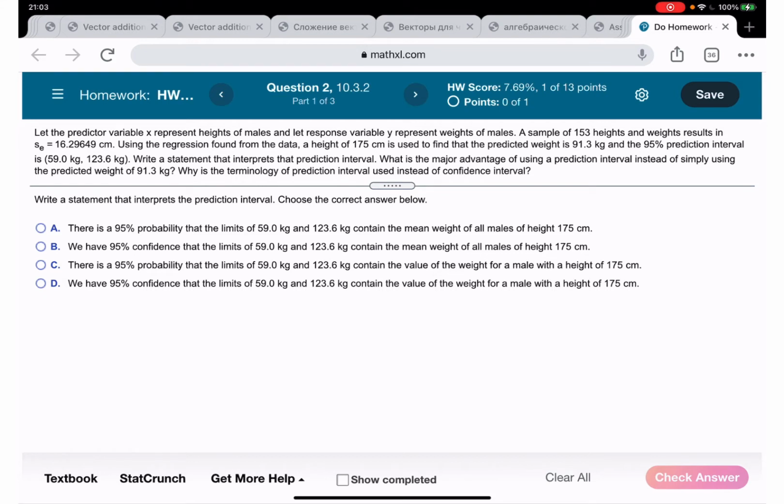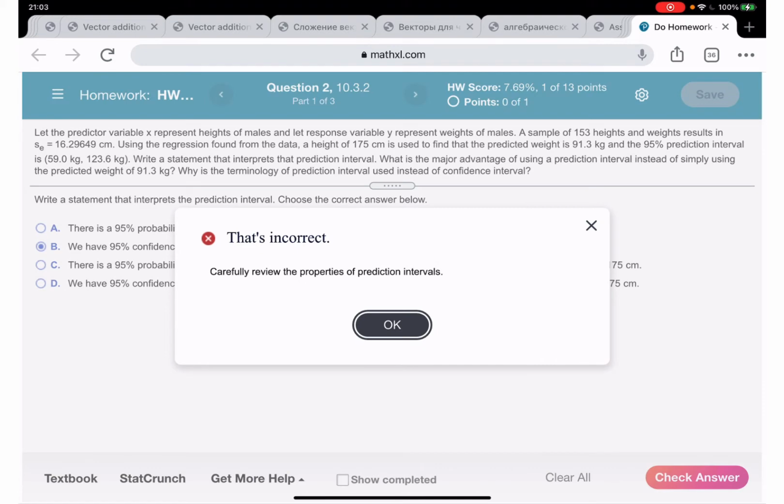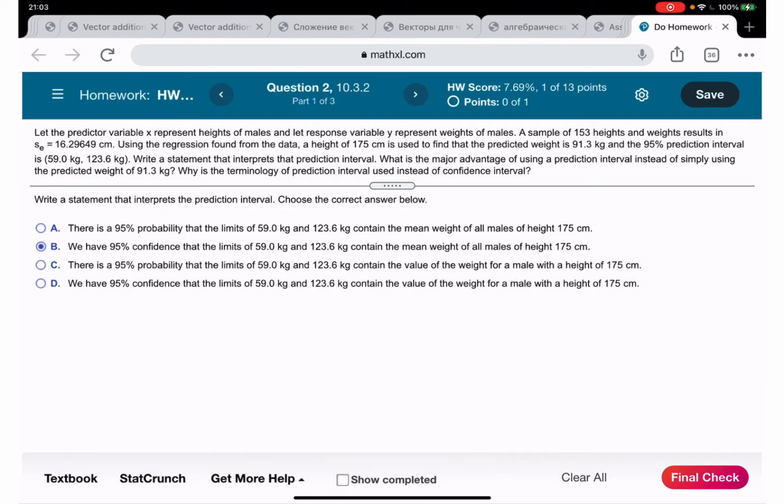Contain the mean of all male. Okay. Value of weight for all male. So it should be this B. Let's check. Why? It should be it.